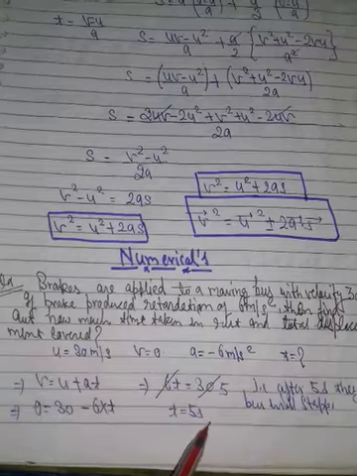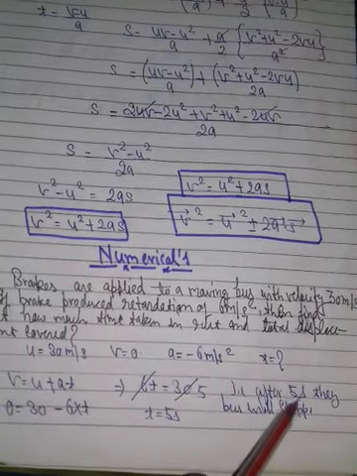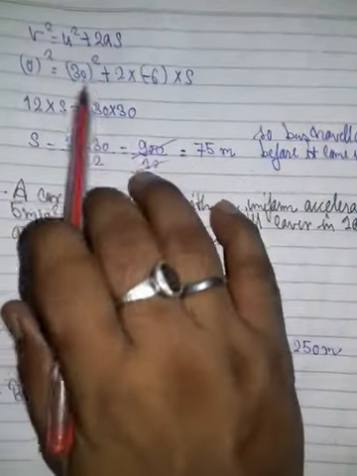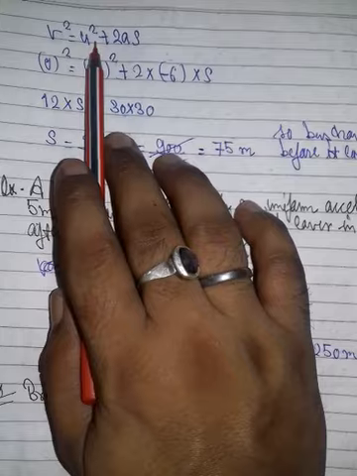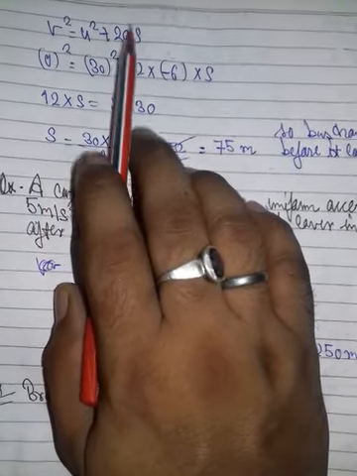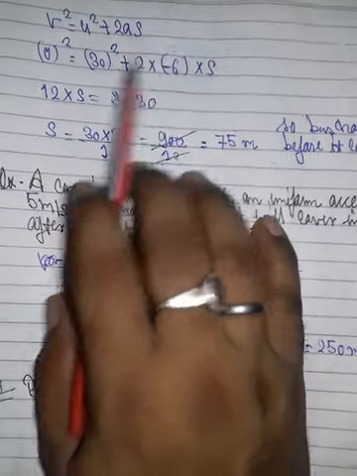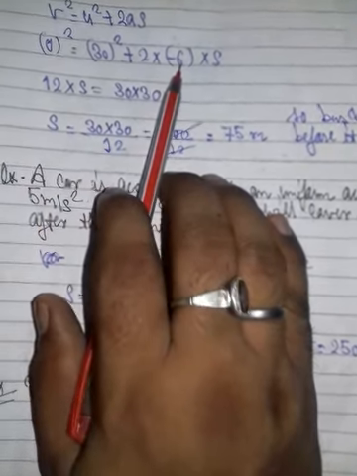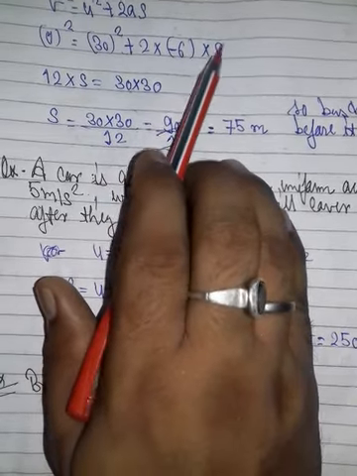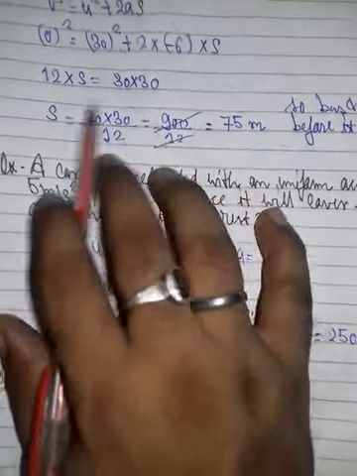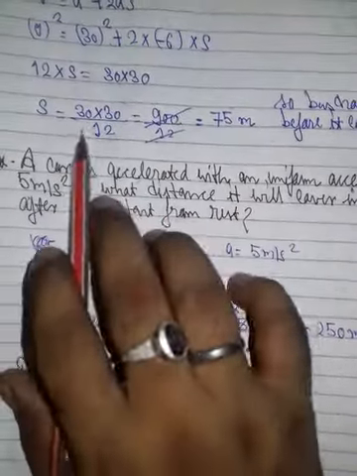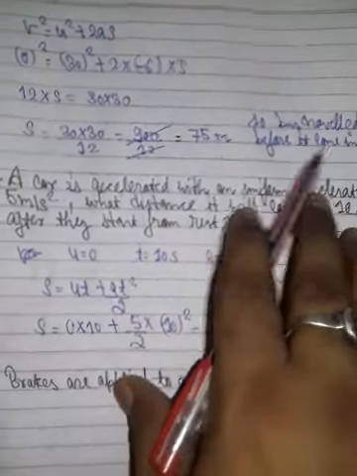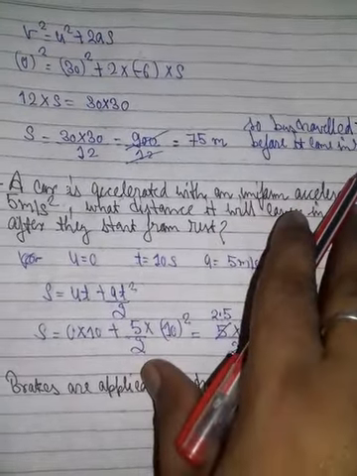By putting in the values, it is 5 seconds, that is, after 5 seconds the bus will stop. Using the third equation of motion, because final speed is 0, initial speed is given in the question, and we have the acceleration value, putting the values: 0 = 30 whole square + 2 into minus 6, because it is retardation, into s, where s is the displacement covered by the body. Solving the equation, that is 75 meter. So the bus travels 75 meter before it comes to rest.